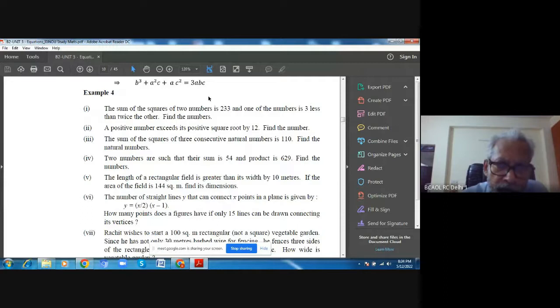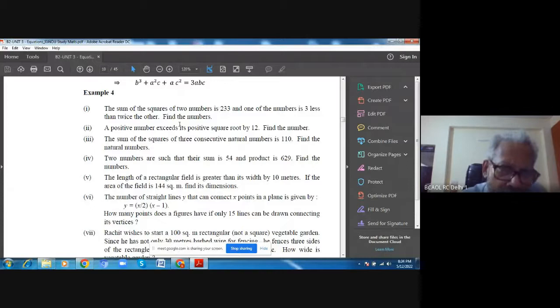Suppose you consider some x and some y, so x square plus y square is equal to 233. Another condition is given: 3 less than twice the other. So here actually you can consider x and 2x minus 3, and the sum of their squares is equal to 233.